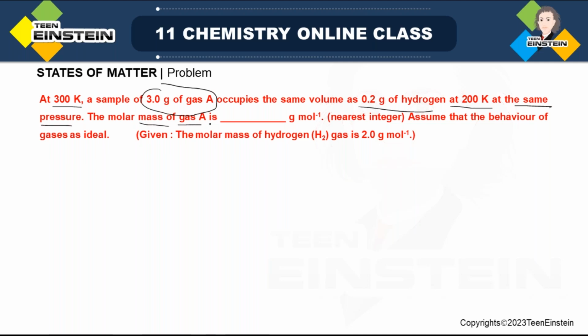Now it is asking for molar mass. So if you can find the number of moles, from this you can also find the molar mass, because given mass is 3 gram and we know that given mass divided by molar mass is actually the number of moles.